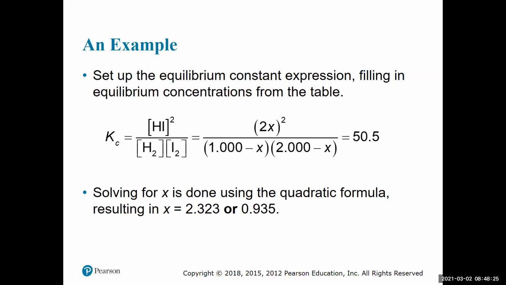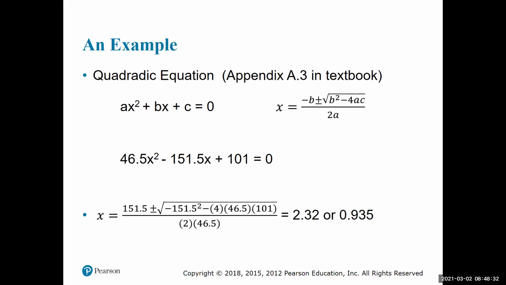The other thing about this is you're going to have to use the quadratic equation to solve this problem. And this is what I was mentioning the other day. In Appendix A3 in the textbook, they talk a little bit about the quadratic equation. You know, that's not something you probably use every day, so you may have to refresh your memory on it. That's fine. But just to remind you of how that works, it's based on the concept of having some value times x squared plus some value times x plus another value equals 0.